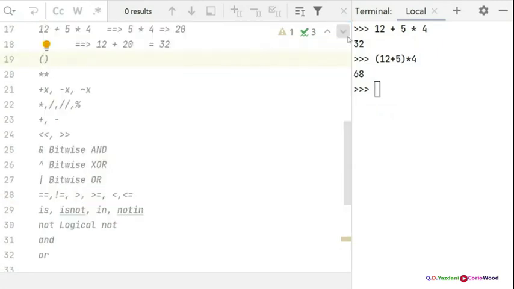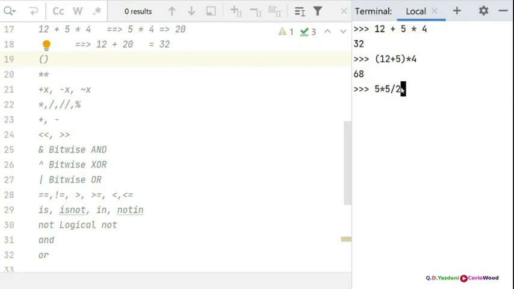If you look here, Python is going to look at the parentheses first. Otherwise, if you don't use parentheses or exponents, Python is going to look for the precedence, the PEMDAS. For example, you can test 5 times 5 divided by 2.